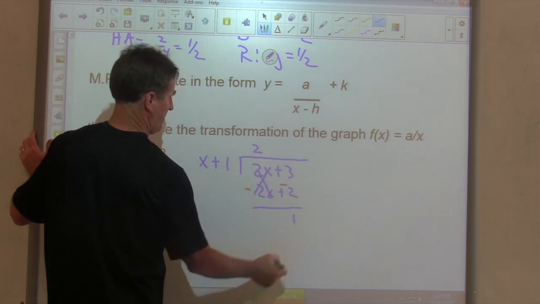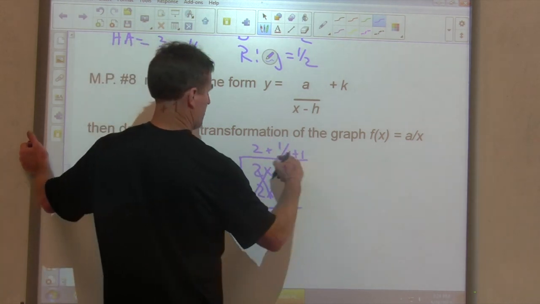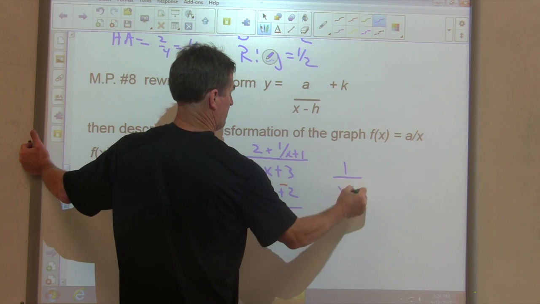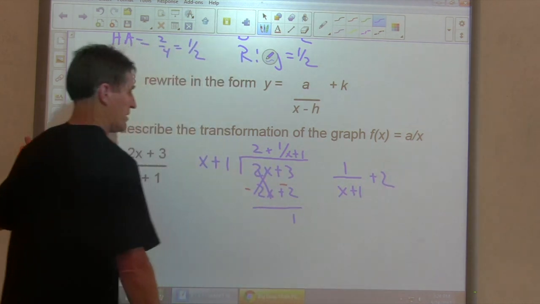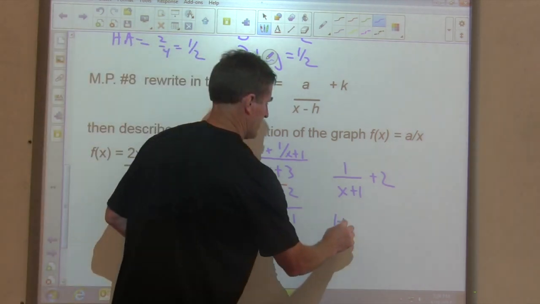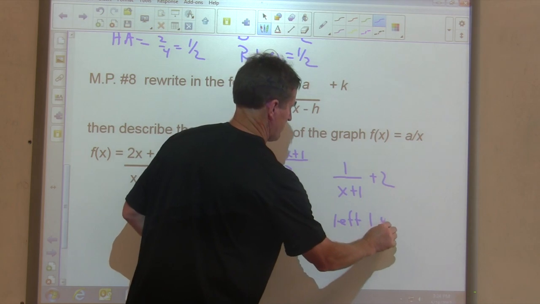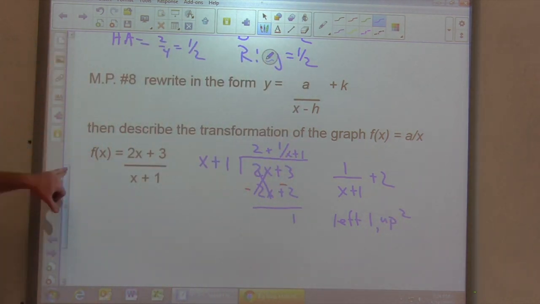And we get 1. And so it's plus 1 over x plus 1. So now we just switch the order. Okay, and then we're supposed to describe the transformation, so it would be left 1, up 2. And you're done.